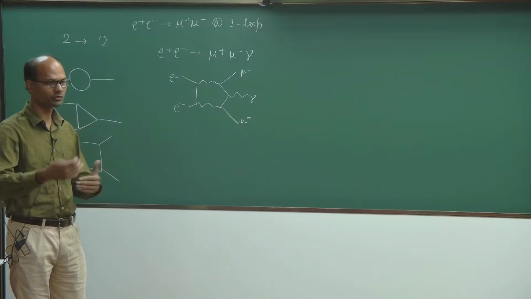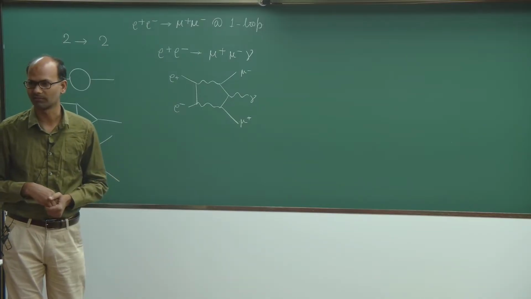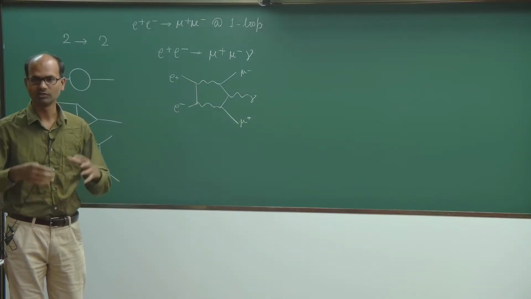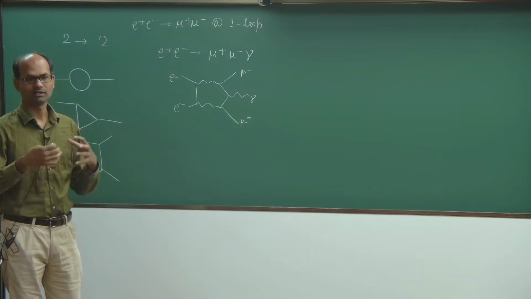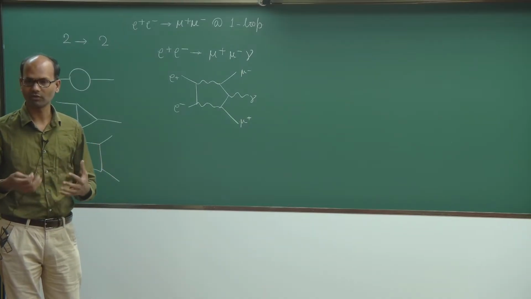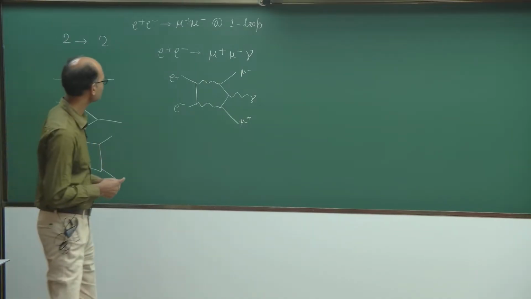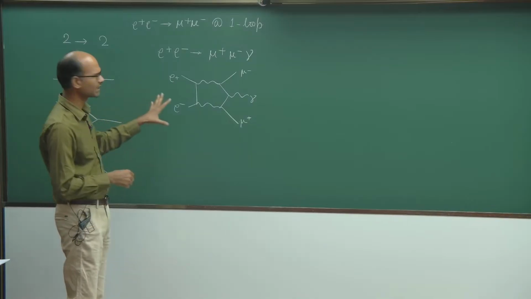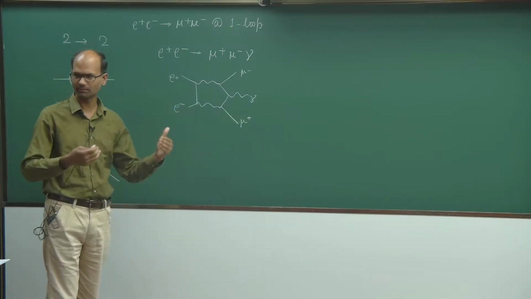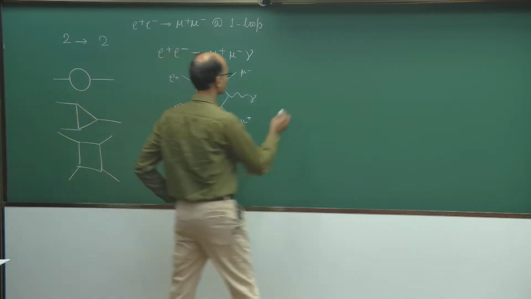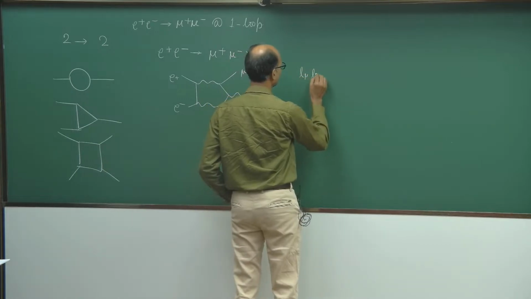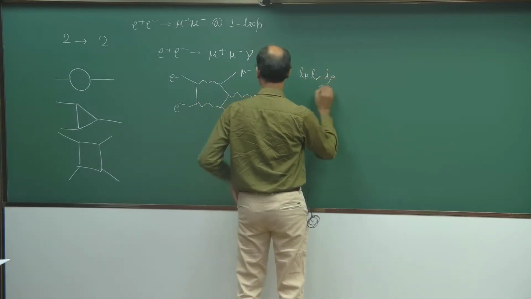And of course, if you go to more and more final state particles, you are going to come across one loop integrals with more propagators. Whatever we have learned, we can expect that we would again come across some tensor integrals, for example L mu, L nu, L rho.